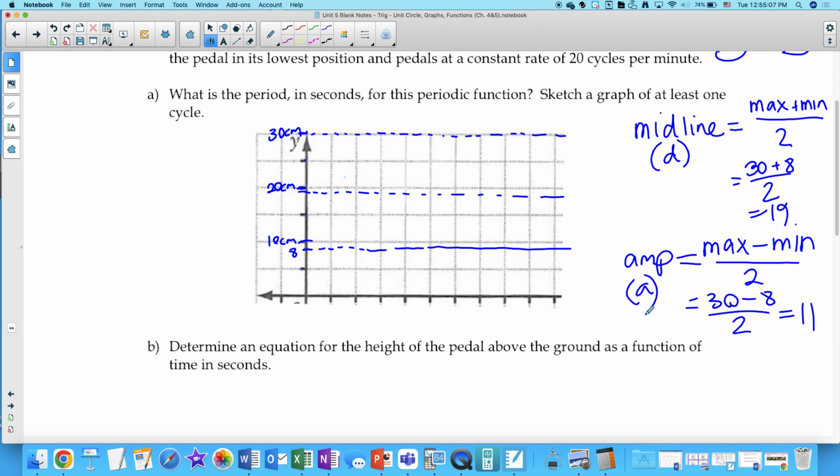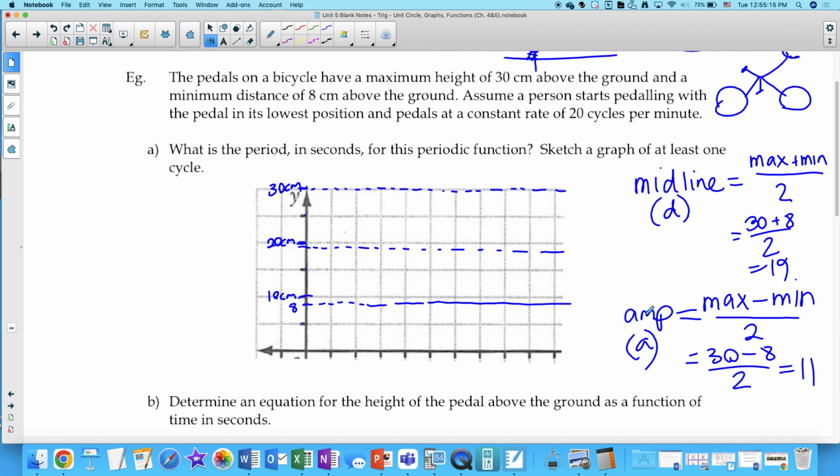Okay, let's talk about the period. What part of the description is telling us about this period? Yeah, 20 cycles per minute. Now you could make the period 1/20th of a minute if you want, right?